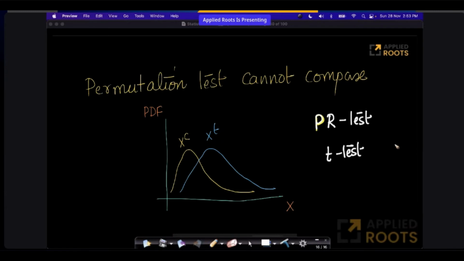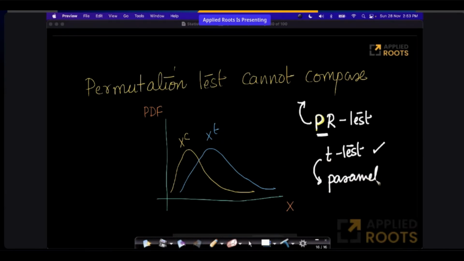So imagine if all the assumptions are met, the t-test could determine with more power and fewer errors than your permutation test, because the permutation test is not making any assumptions. So in the case of the permutation test, you might need more samples than other statistical tests which are parametric.